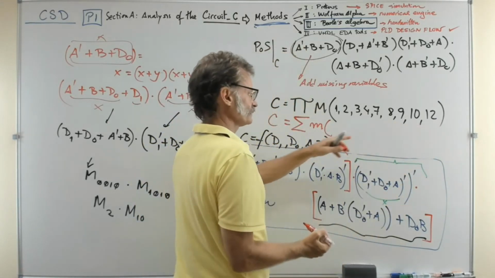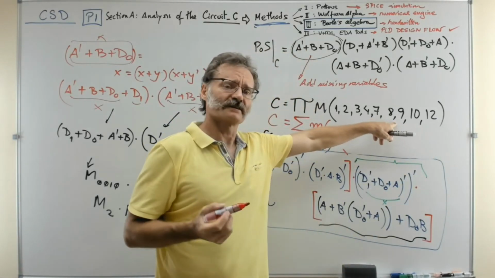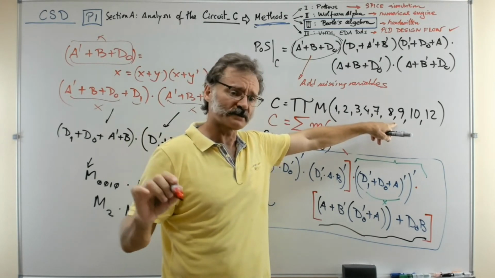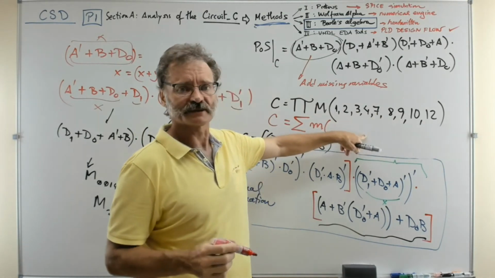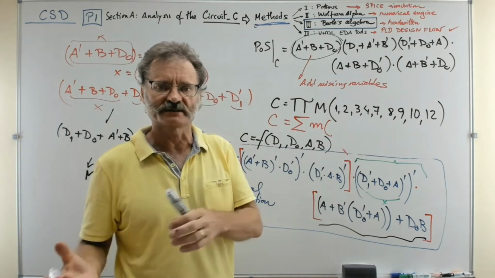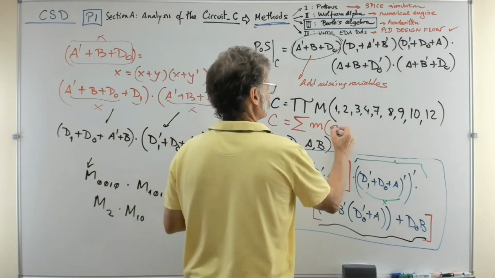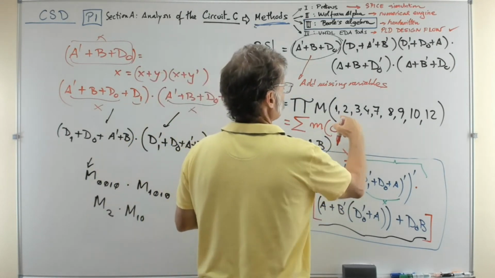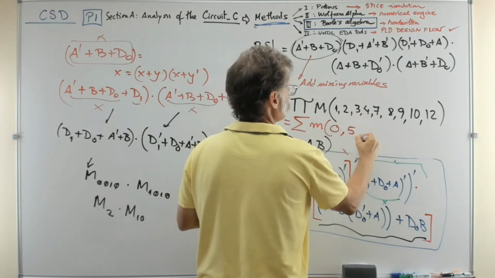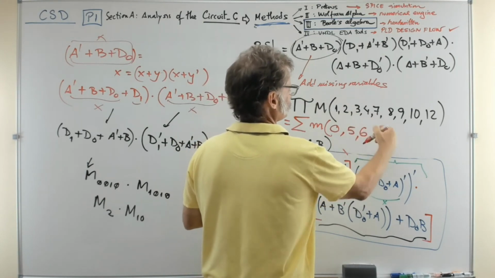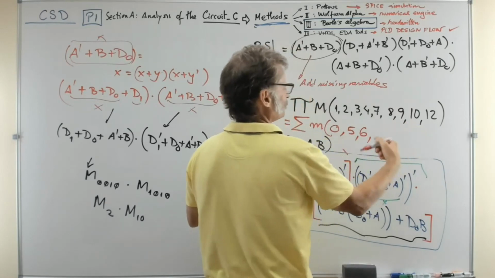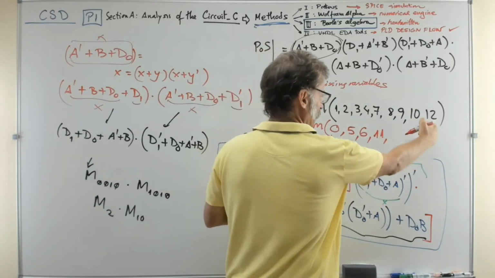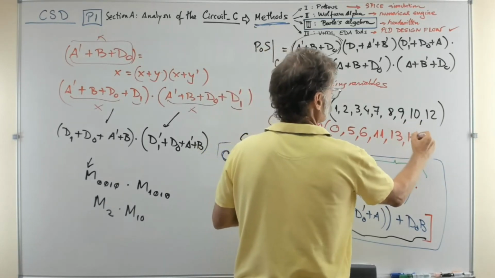If these are the terms that are a 0 in the truth table, the remaining ones are the ones that have a 1, and this is the definition of a min term. So the 0, 1, 2, 3, 4, 5, 6, 7, 8, 9, 10, 11, 12, 13, 14, and 15.